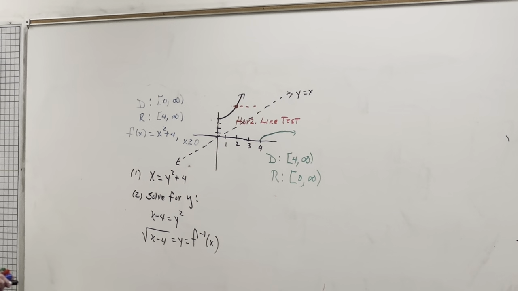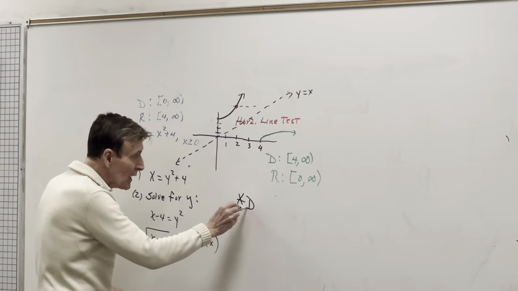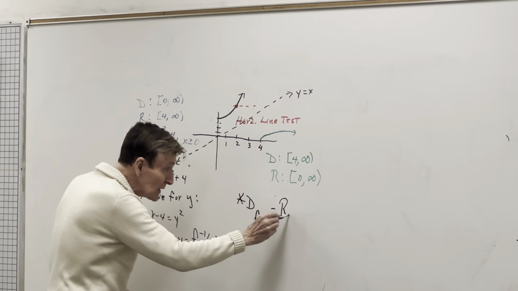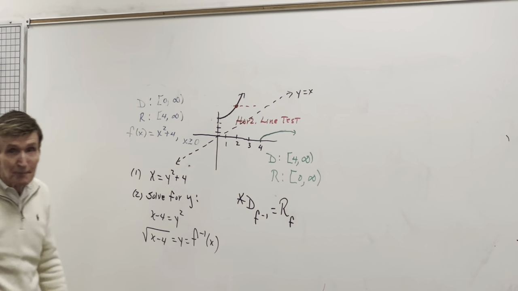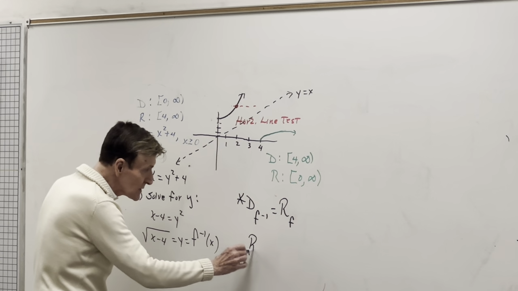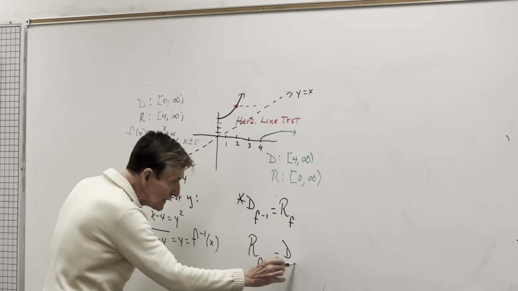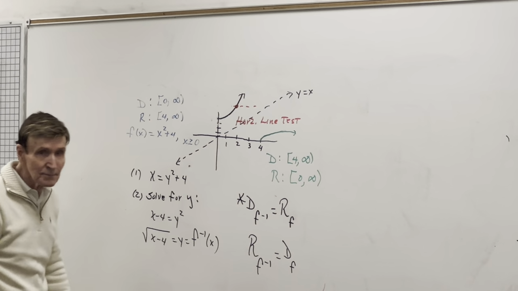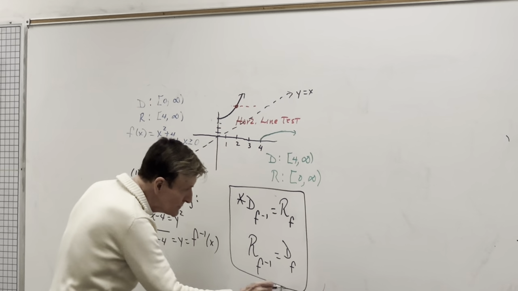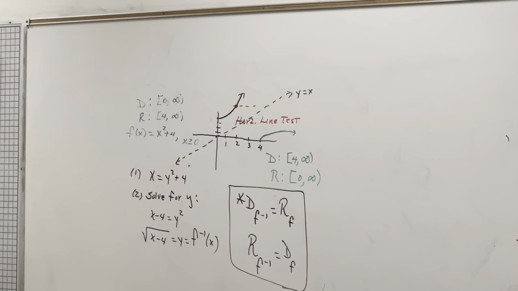And the statement for us: the domain of an inverse is equivalent to the range of the original. The range of the inverse is equivalent to the domain of the original. Are we okay?